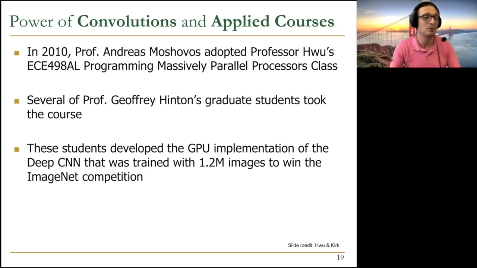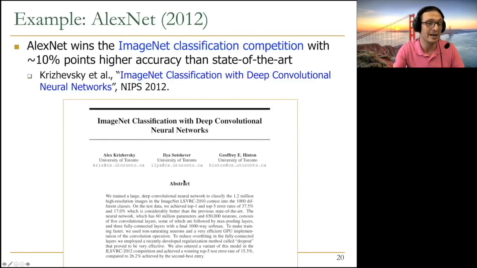And this is an example of computer architecture really enabling, I don't know how to call it, maybe the second machine learning revolution, such that machine learning has become much more powerful. Basically, these are the students who were able to show through an applied course that they could do ImageNet classification. And you can read this paper. This is actually the paper that has enabled a lot of machine learning to take off recently.